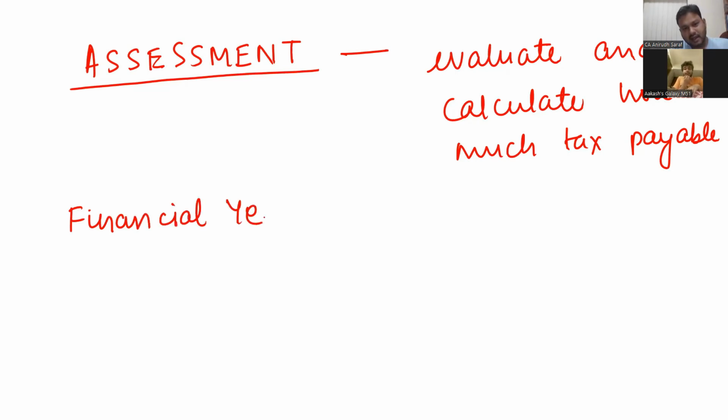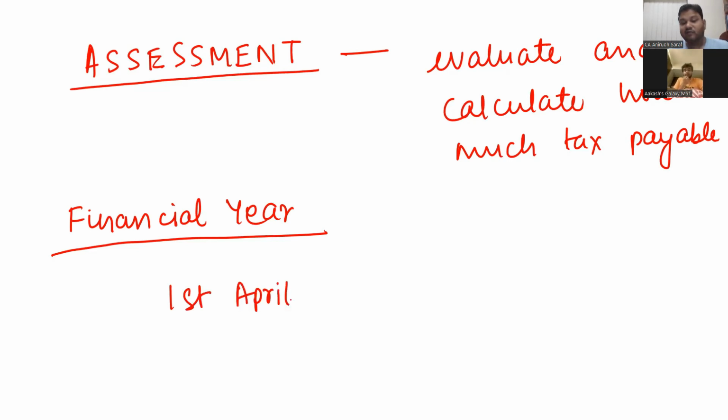Typically, what is the financial year adopted in India? 1st April to 31st March. Correct. So the current financial year started on 1st April 2022 and will end on 31st March 2023. This is a financial year.